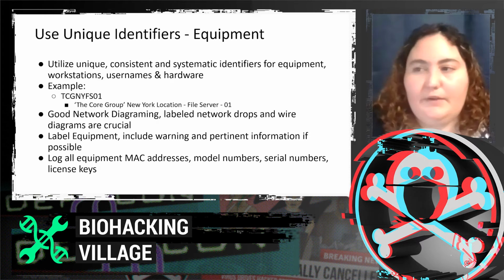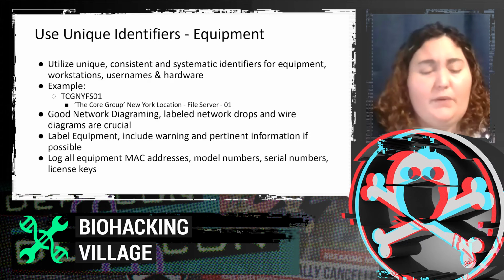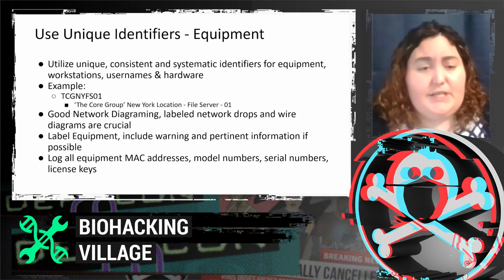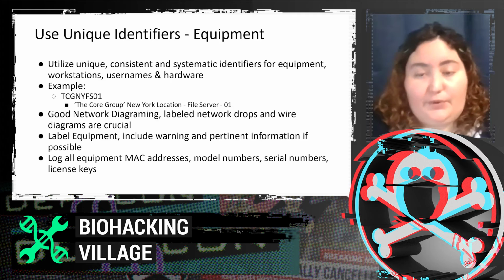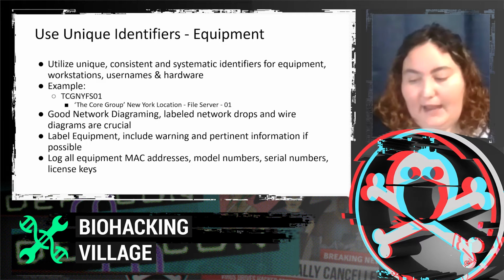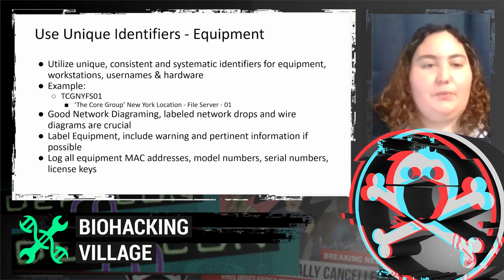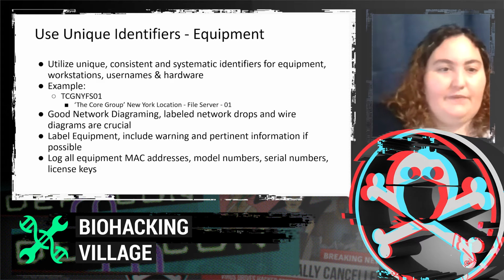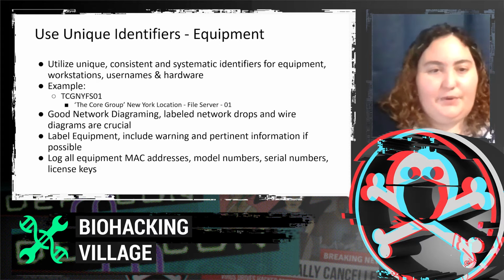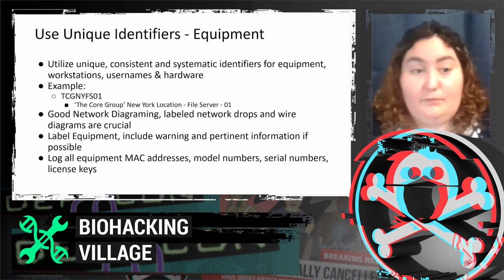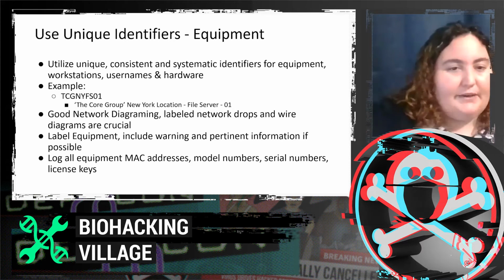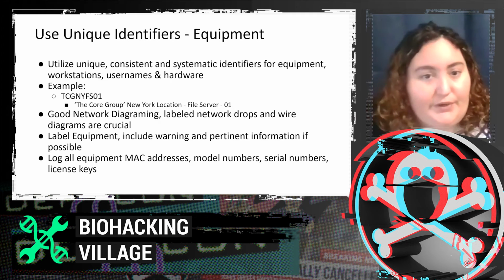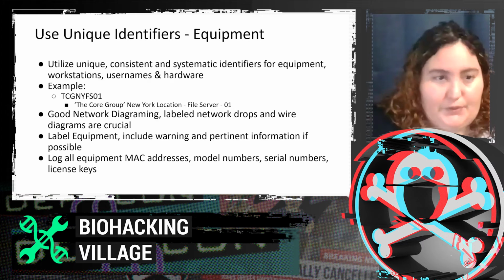So you're going to want to use identifiers that work for you as an organization. Be consistent. Whatever is intuitive for your group, proceduralize that and make it standard. So for example, if the core group in New York, file server 1, if you want to abbreviate just taking the first letter of every major word, if that works for you, do it.